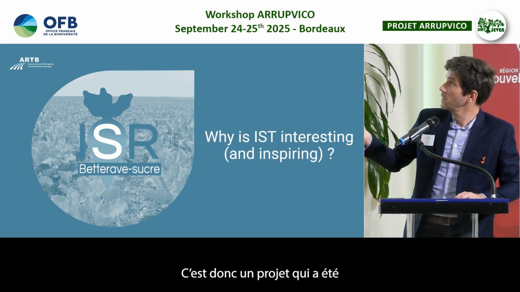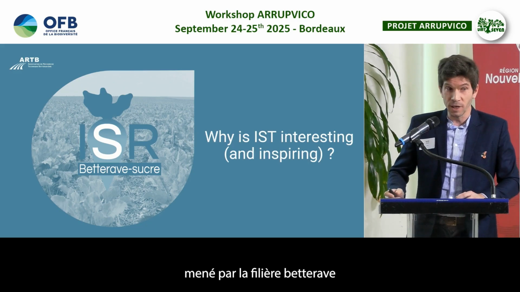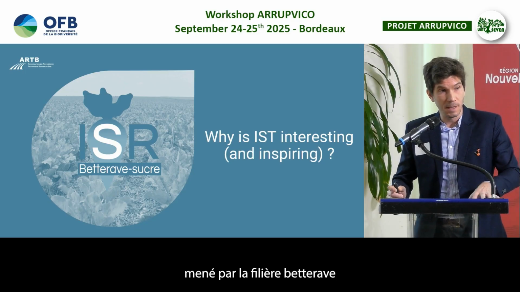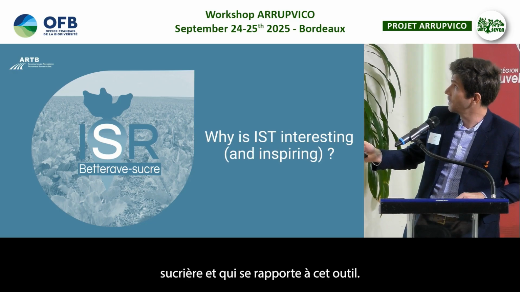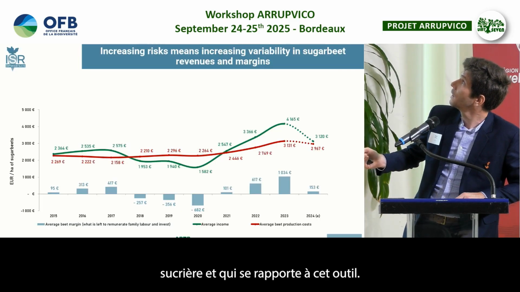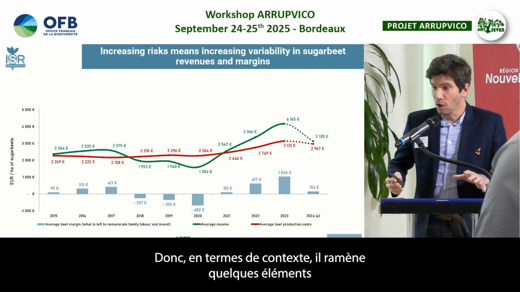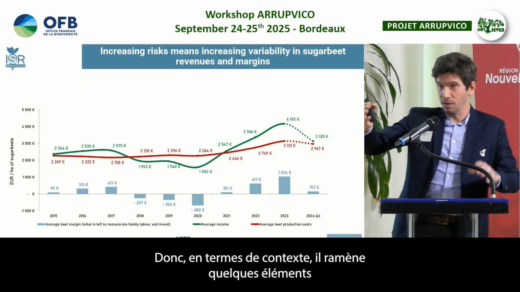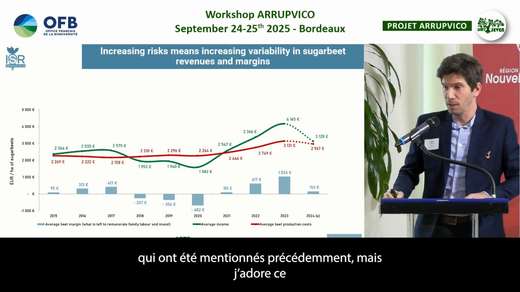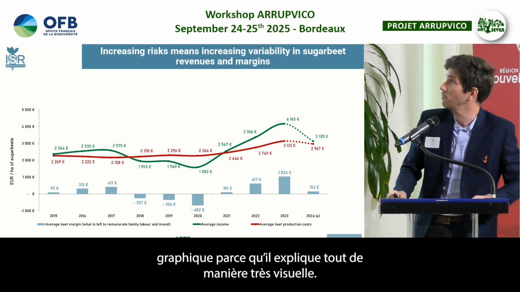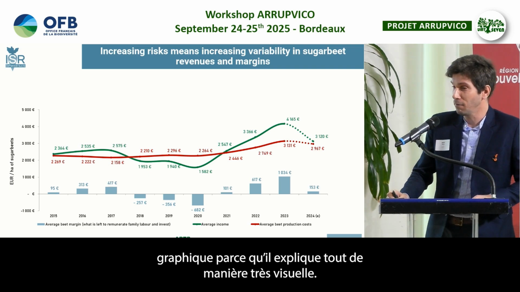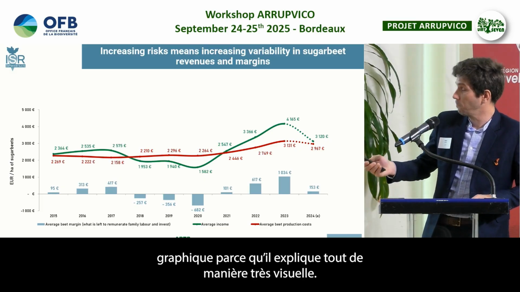This is a project that was run by the sugar beet sector, and that relates to this tool. In terms of context, it brings back a few elements that have been mentioned previously, but I love this graph because it explains everything in a very visual way.